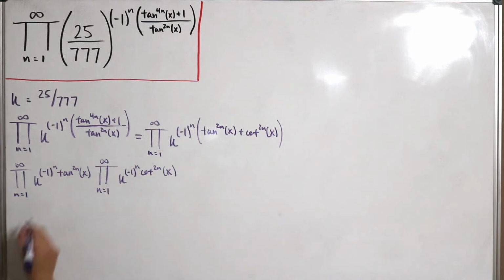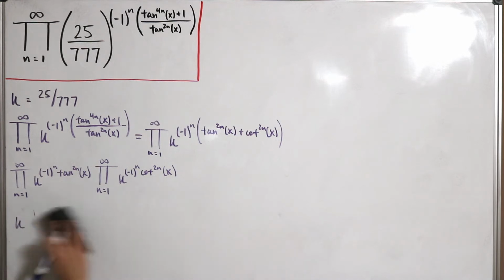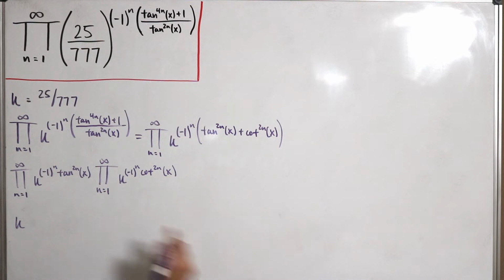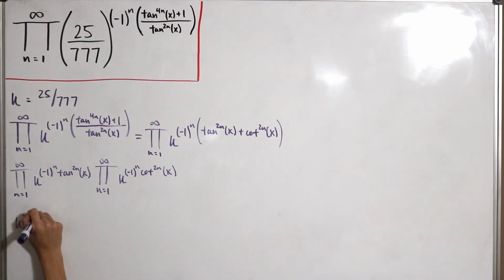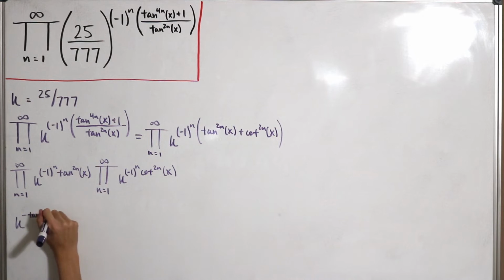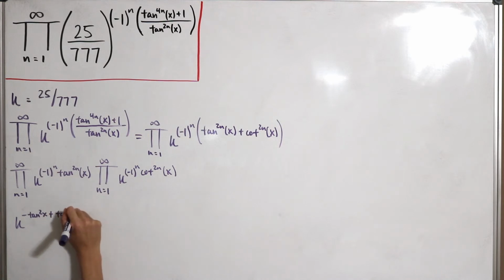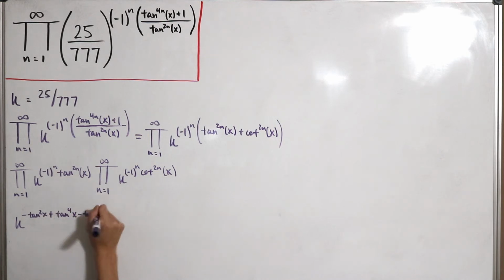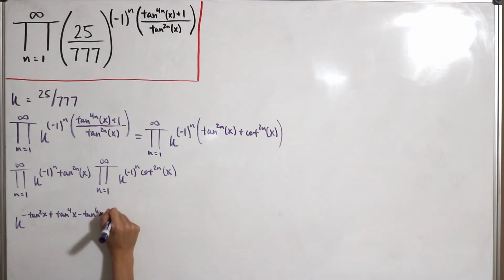Now let's expand these two infinite sums out and see what we can do from here. We expand with the indexes. So for the first one, we have negative tangent squared of x, then add, since this is the alternating sum, minus plus minus plus, tangent to the fourth of x, then subtract tangent to the sixth of x, and keep going.